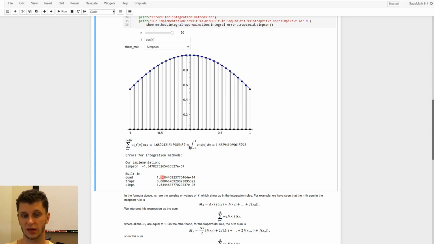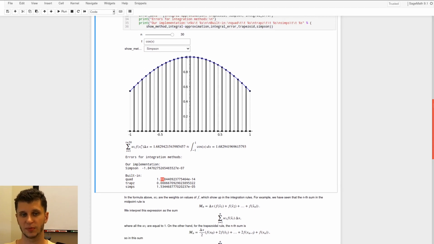So making this computation even more precise means that you need to use more than 64 bits per floating point number. That requires some specialized tools, but SageMath does have built-in high precision libraries that will allow you to do that should you need to compute integrals to very high precision.